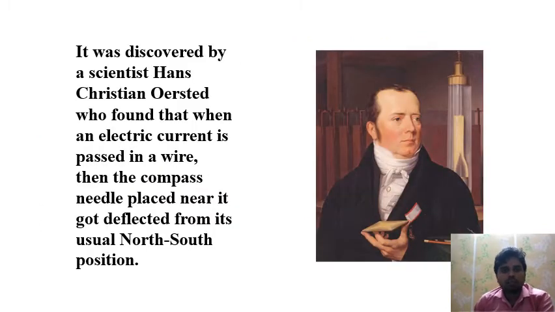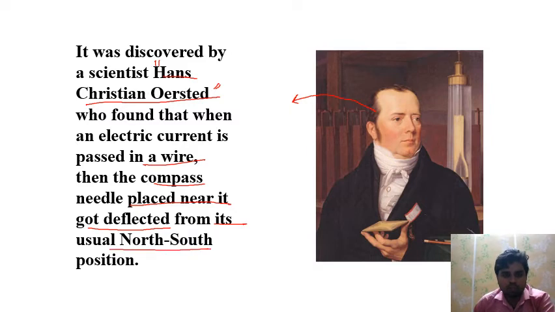Okay, so see student, this person's name is Hans Christian Ørsted. What is his name? Hans Christian Ørsted. He found that when electric current is passed in a wire, the compass needle placed near it got deflected from its usual north-south position.